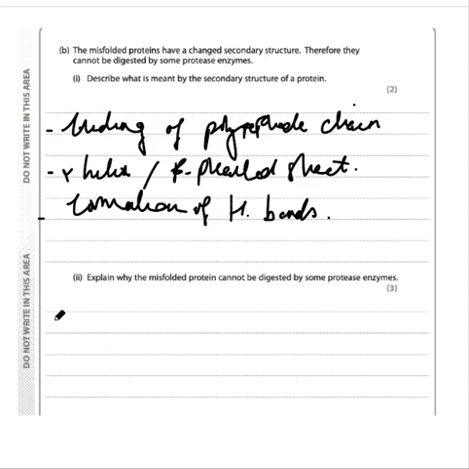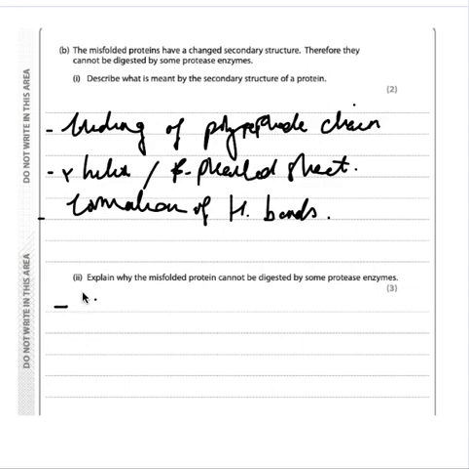So, let's start off. Why can it not be digested by protease enzymes? Well, we've said that protease enzymes have a specific active site that's specific to certain amino acids in a protein.